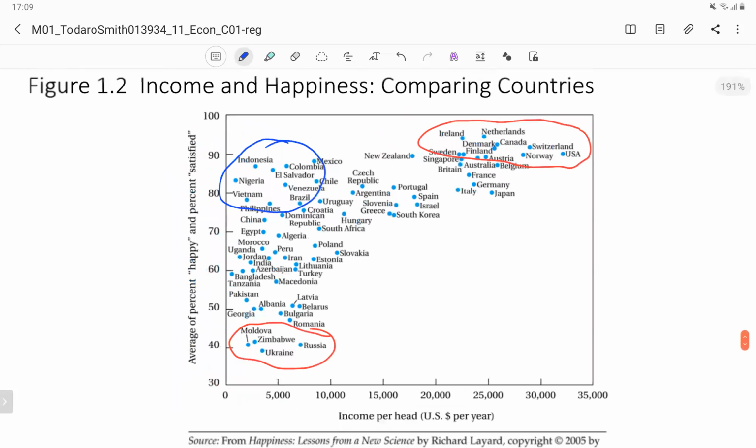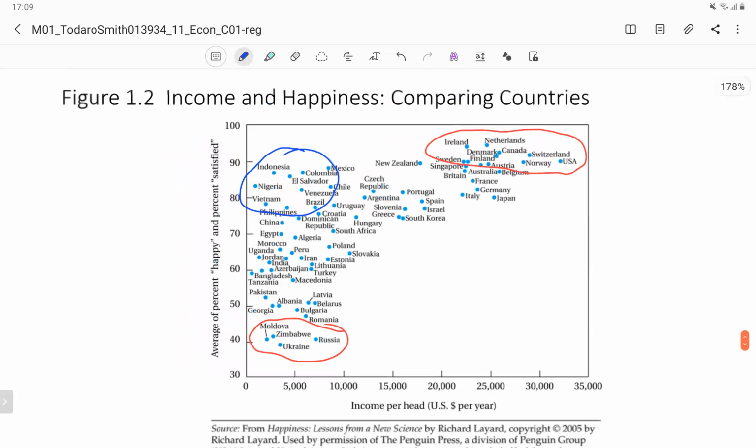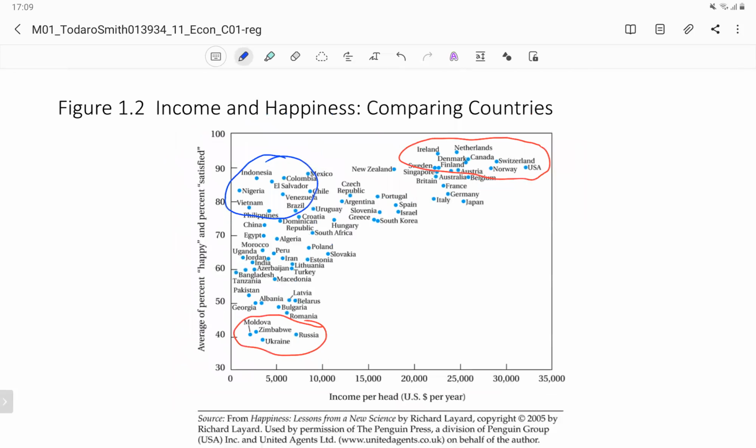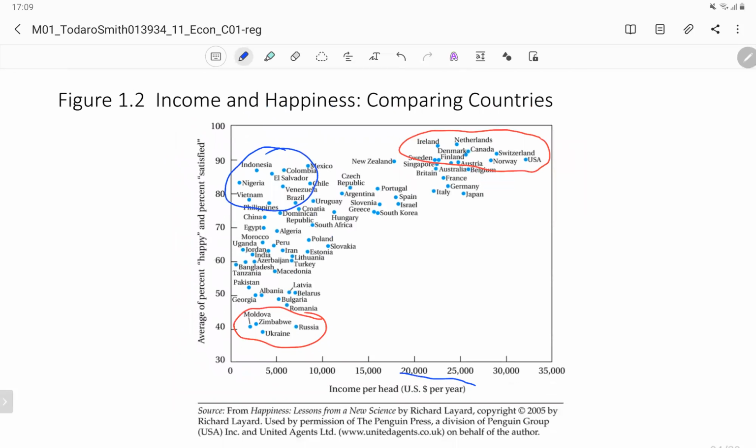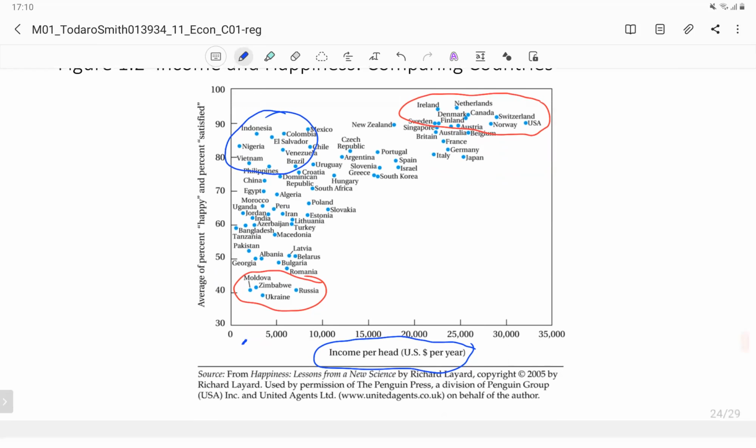But I will say that it's just the variability of countries. And other than that, also because the income is in US dollars. Meanwhile, our income here is in rupiah, right? Of course, rupiah compared to US dollar is pretty low. That's why the income is in here. So that's the figure of income and happiness.